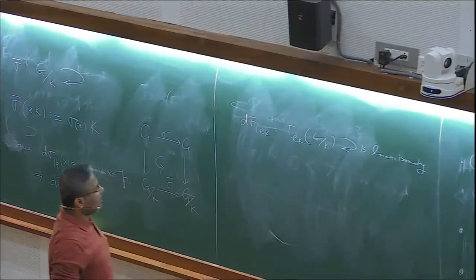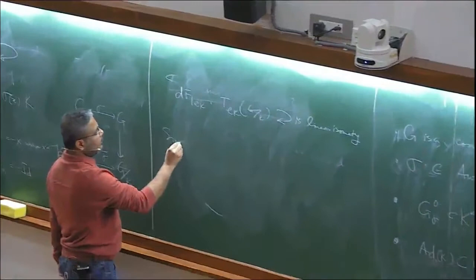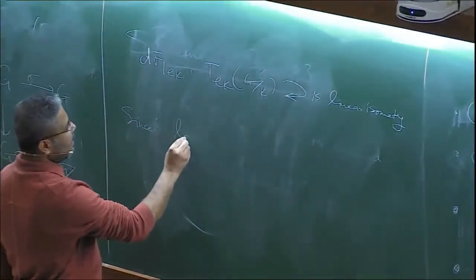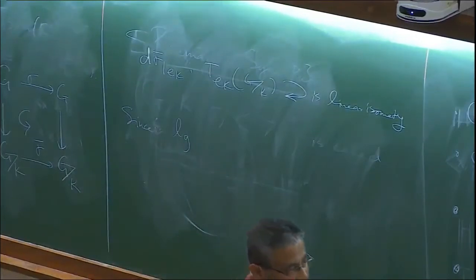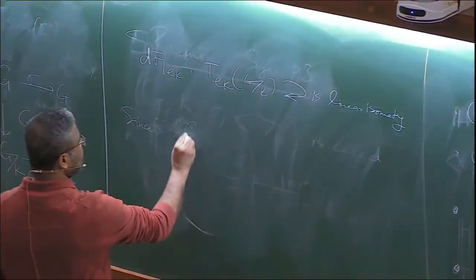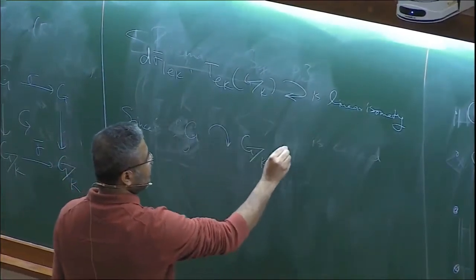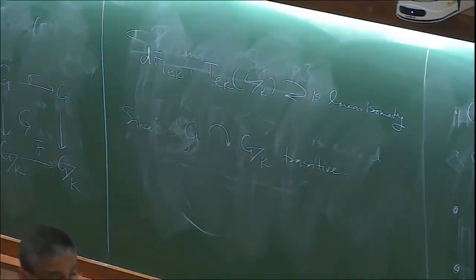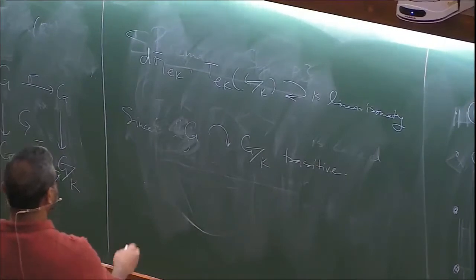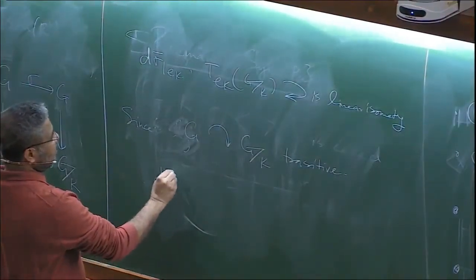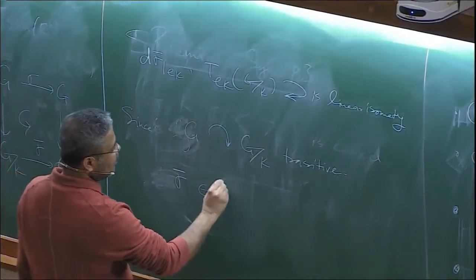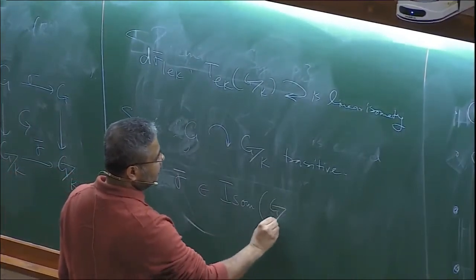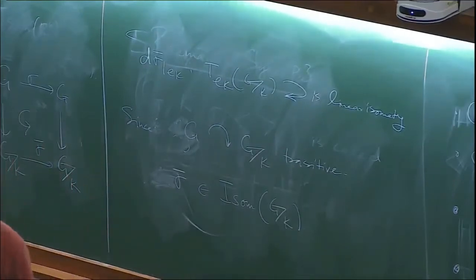And since left translations are isometries by definition, the way the inner product is constructed, and since G acts on G mod K transitively, by an argument similar to the case of compact groups, d sigma bar is an isometry.